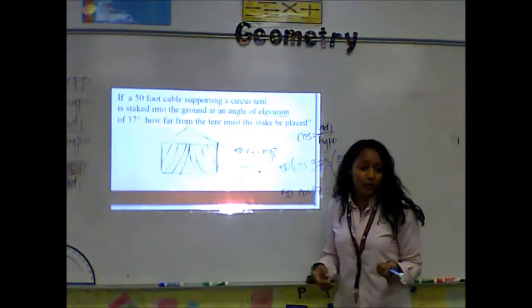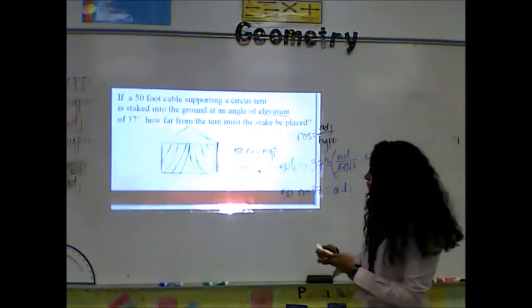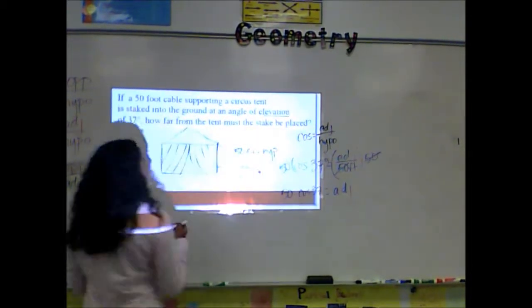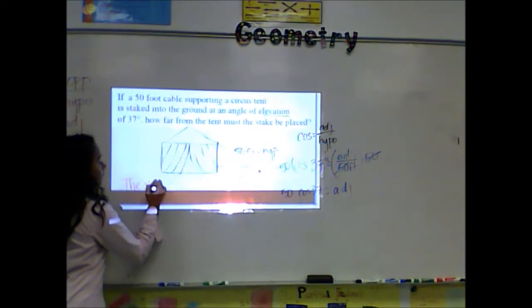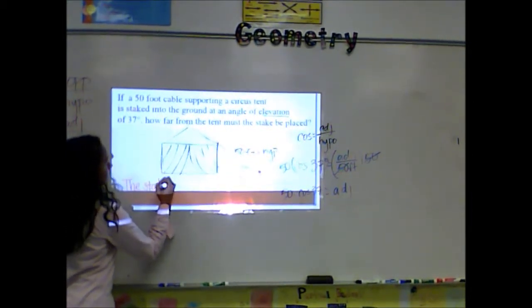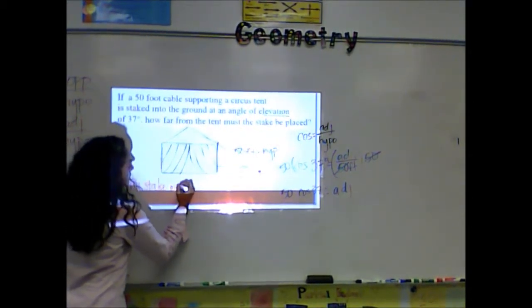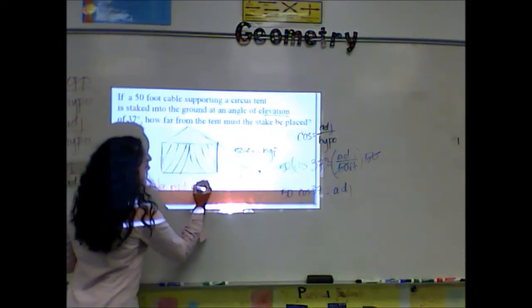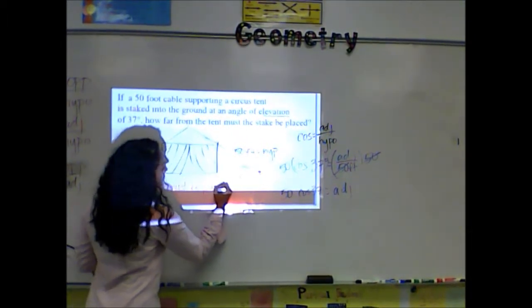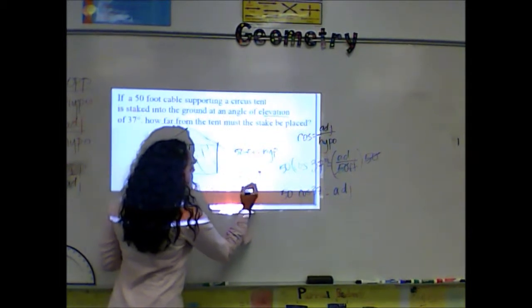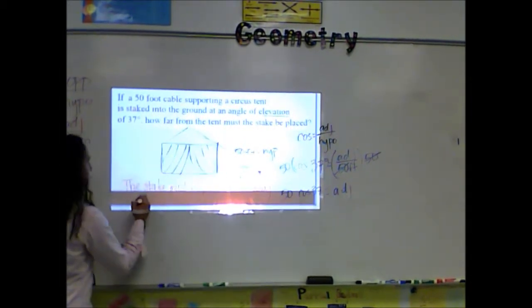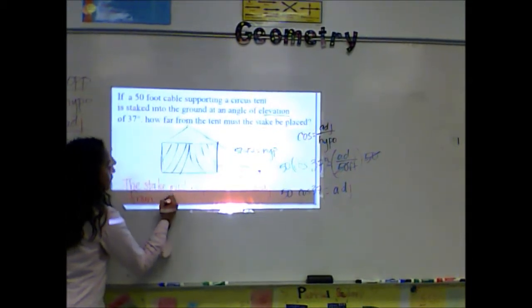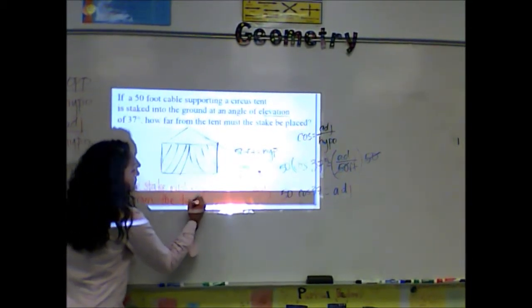We did have to answer these in a complete sentence, so here's our complete sentence: The stake must be placed 40 feet away from the tent.